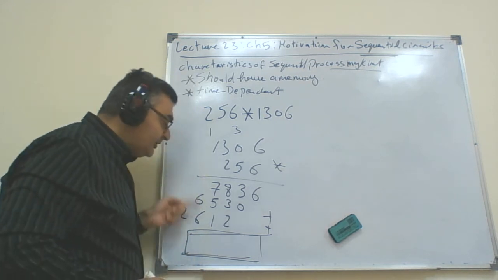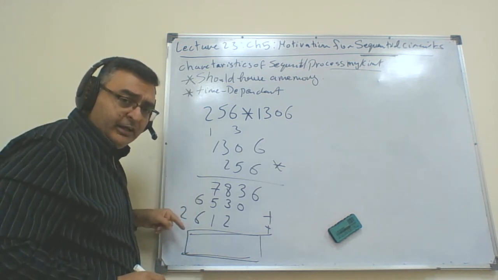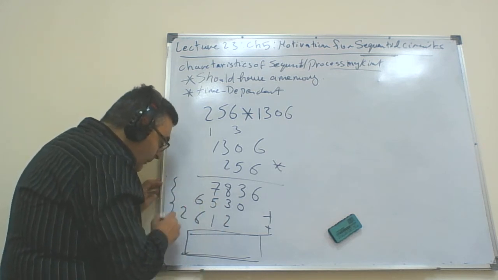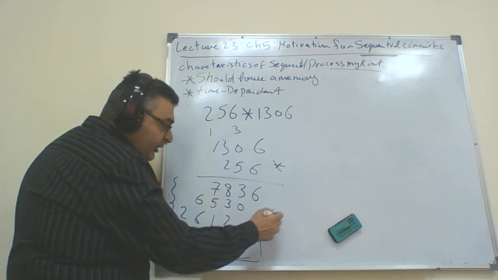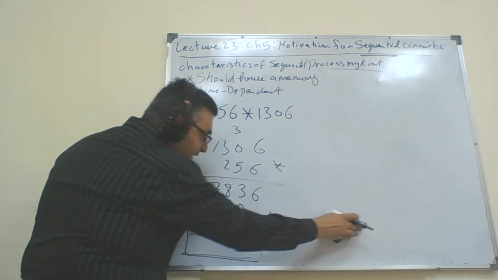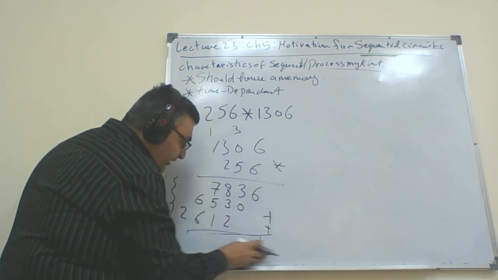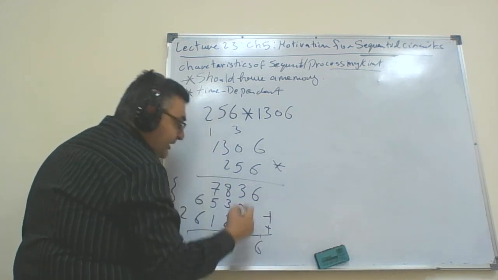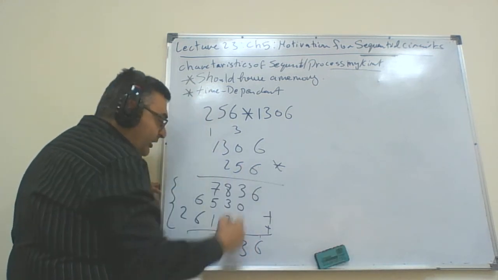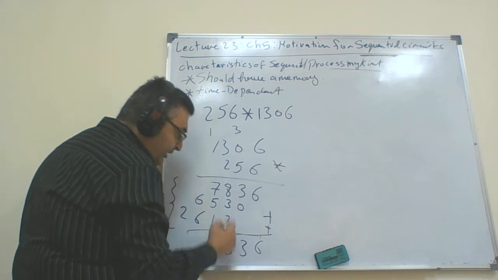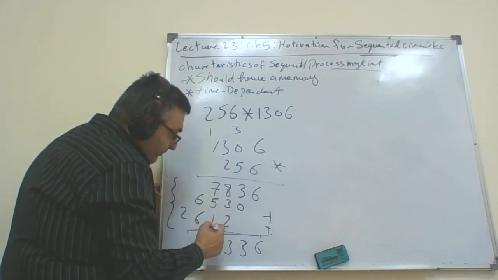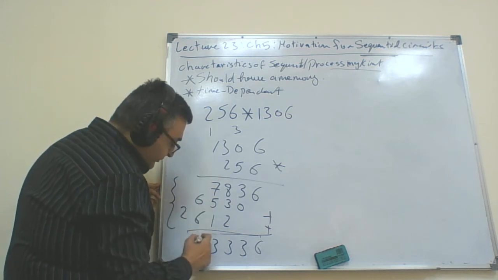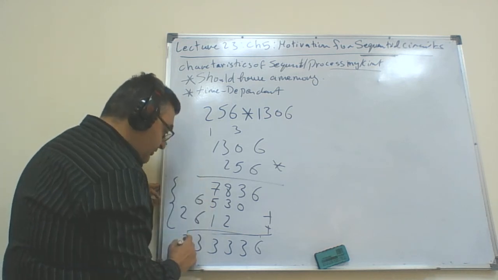So the answers that I get here are not final. I will enter those results back into my system to add them together to get my final answer. So I have the 6, then I will add the 3, I will add those together, which will give me 13 and 1, and this is 3 and 1, and this is 3.